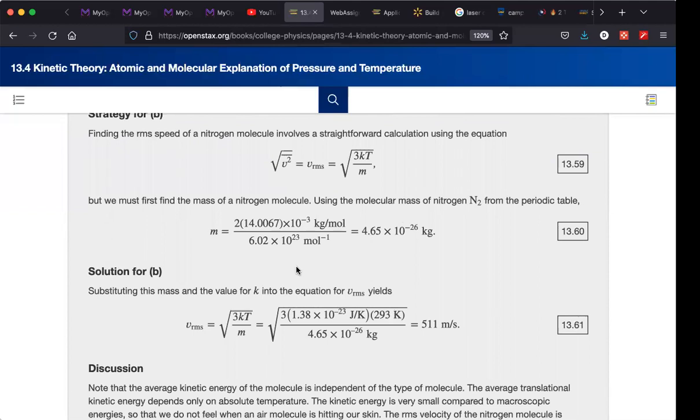If you don't know how to calculate the mass from the periodic table, I think we went over this once before, but if you don't know how, then you need to go to the periodic table and get the atomic mass off of the table, which is not the number that's just a whole number, it's the number that has some decimals to it.